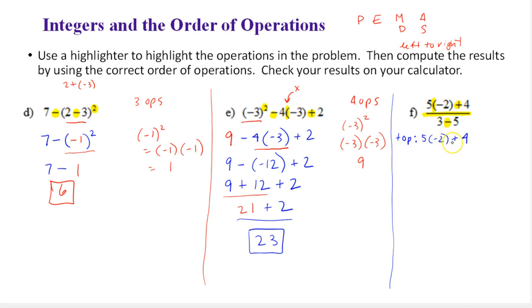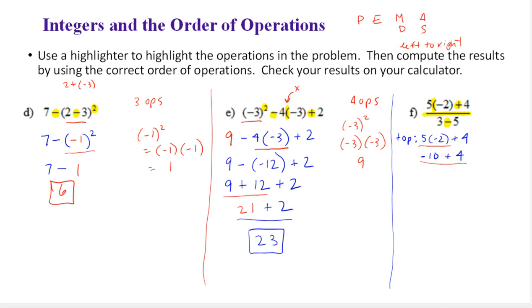So here's the top. We have multiplication and addition. We're going to do multiplication first. 5 times negative 2. Well, 5 times 2 is 10. And we have a positive times a negative, so our result is negative. So we have negative 10 plus 4. Now we have addition.